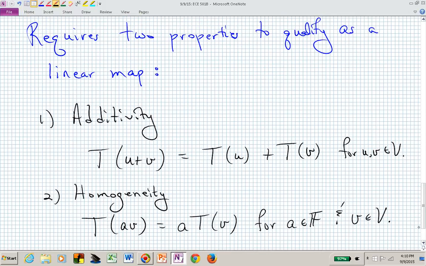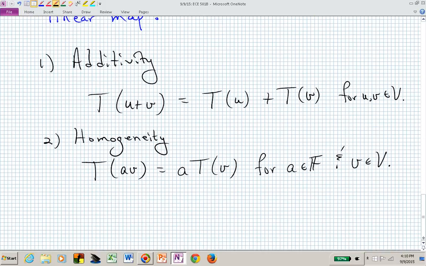We need these two properties in order for this map between V and W to be a linear map. They need to have this additivity property and homogeneity property.